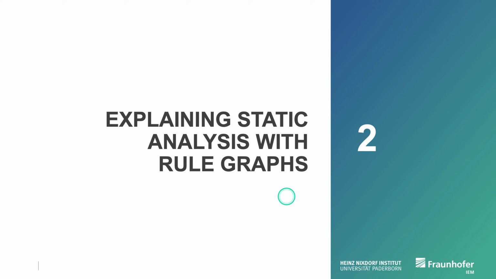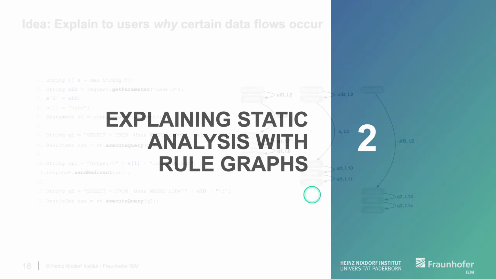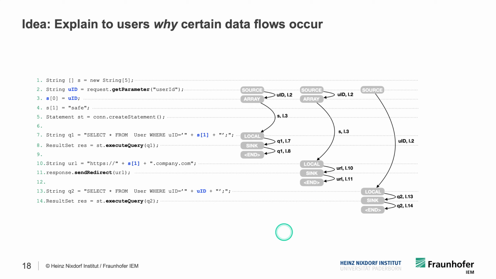And so we started looking into how one can do this better. And we came up with this prototypical solution of so-called rule graphs. What is the idea about? Well, the idea is basically, as you see on this slide here. So let's assume we are having some taint analysis problem. For instance, here we have some parameter to a web service that can actually be considered a source.